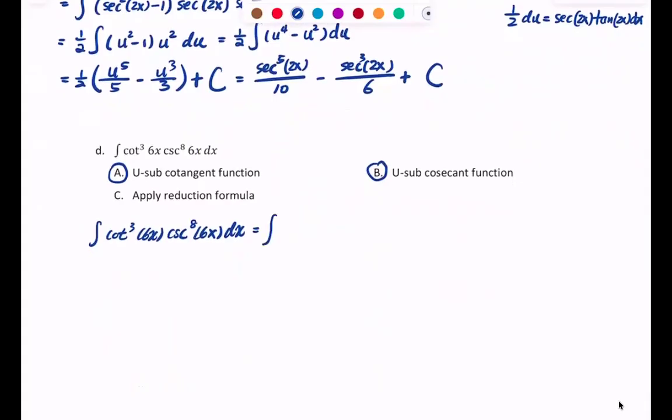So we decided to what, use up cosecant. So we need to reserve one cotangent and one cosecant for the du part. And then this cotangent squared will have to be converted to cosecant.